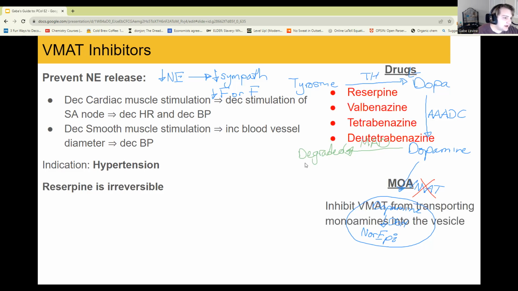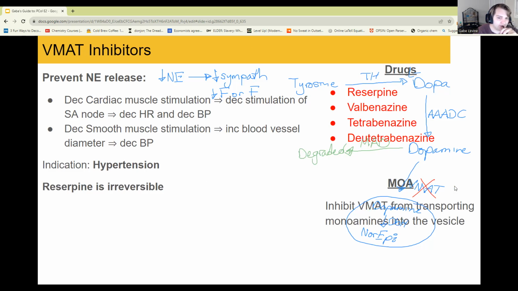We have a few different kinds. Reserpine is the only irreversible one of the bunch, whereas valbenazine, tetrabenazine, deutetrabenazine are going to be reversible for the most part. I think they still have really long half-lives, but I can't remember.